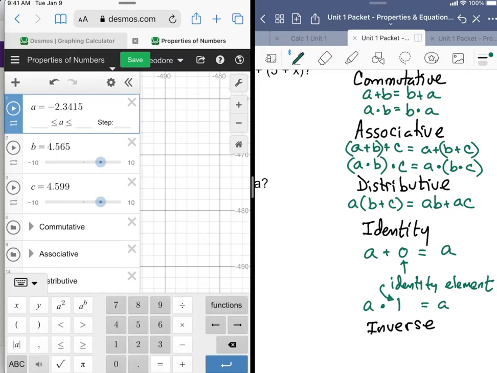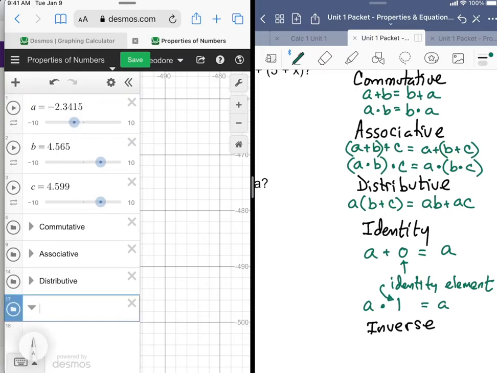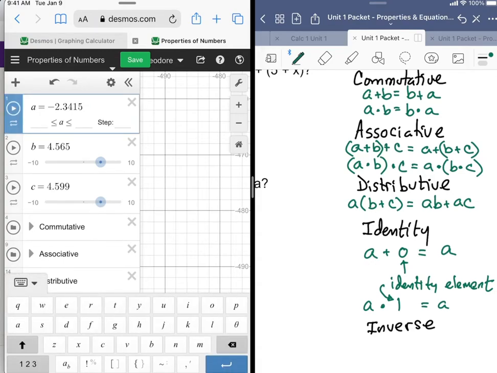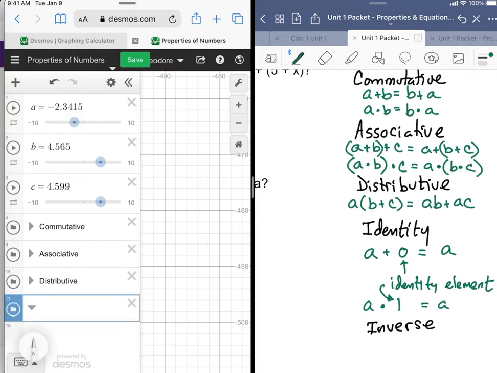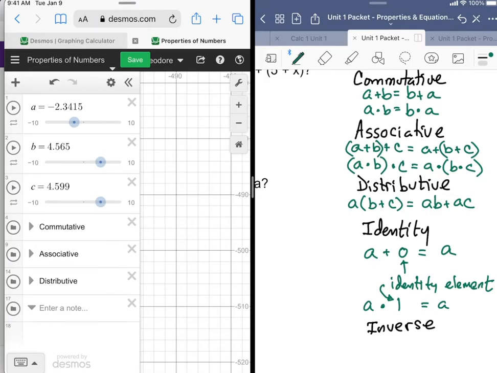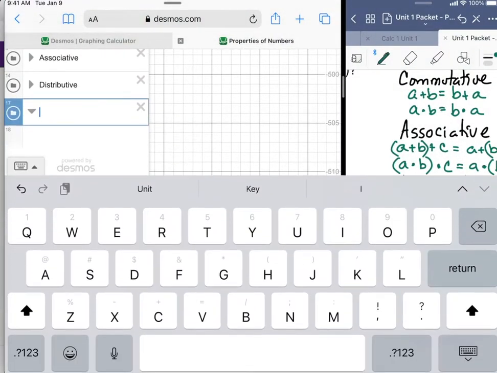Oh, actually, I want the keyboard here. I can just do it this way. Oh, why is it going up there? That's why it keeps jumping up where I don't want it. I want it here. Scroll up. Make it a little wider.